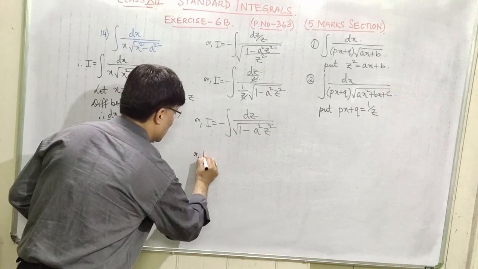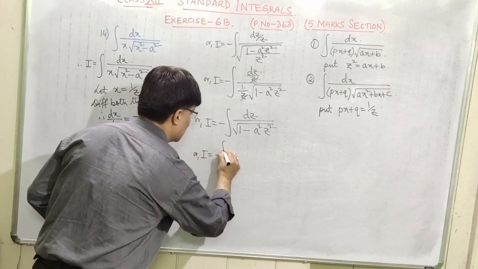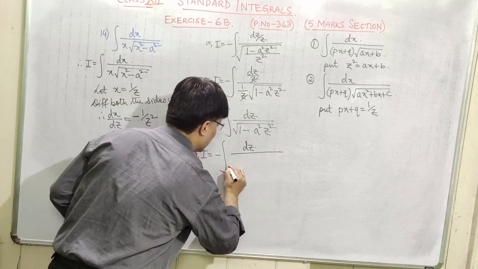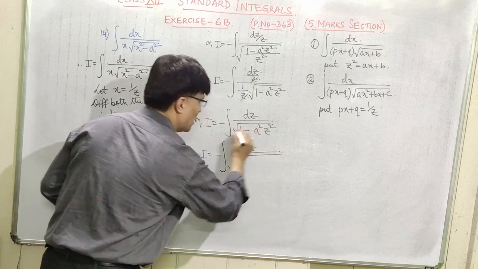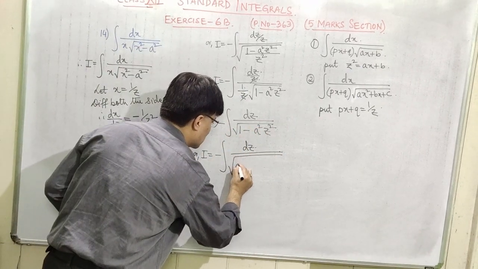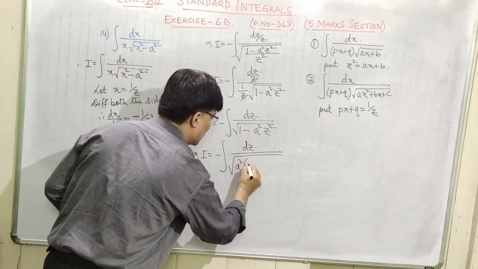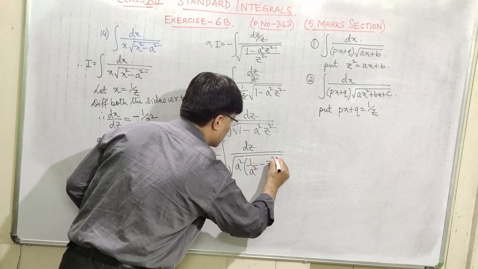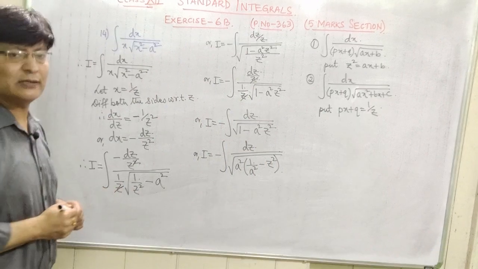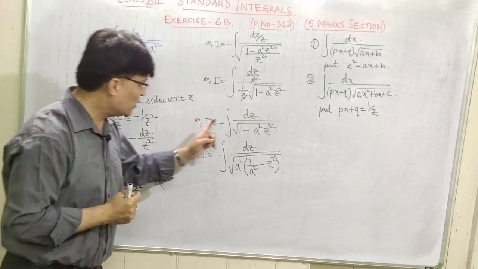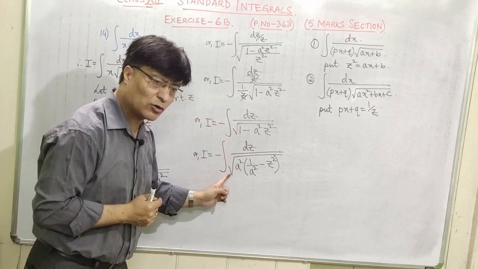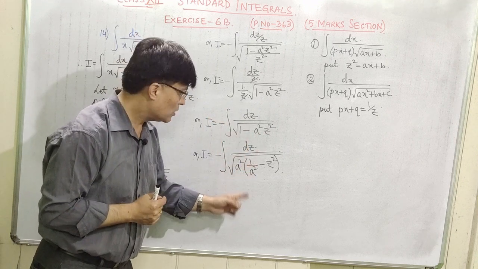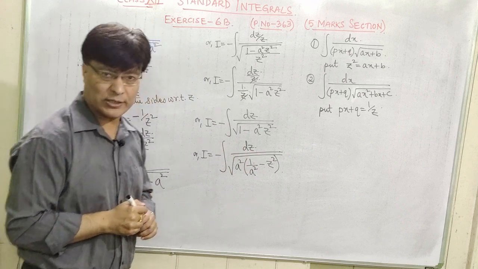So I is equal to minus integration of dz divided by the square root. What is common out here? A squared is taken common. So within the bracket we have 1 upon a squared minus z squared. Is that clear? Within the square root, a squared is taken common in order to make the coefficient of z squared 1.